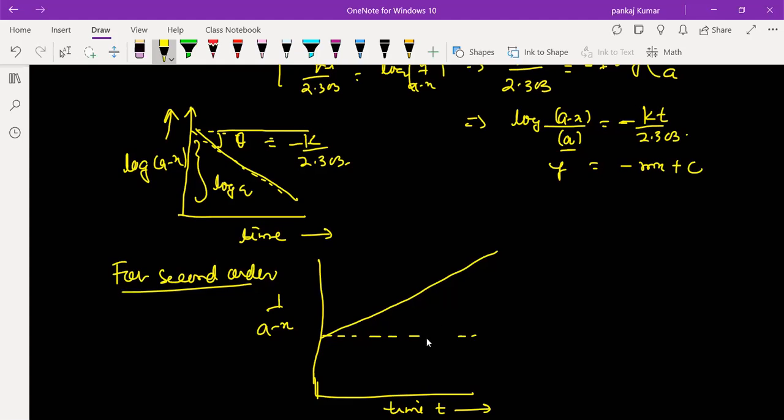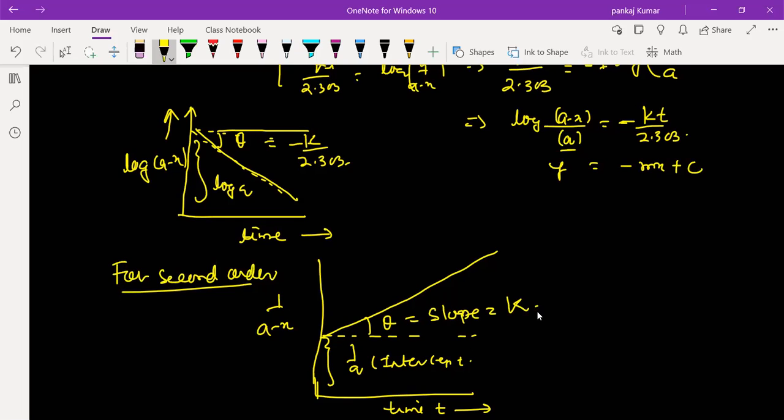And this 1 by a is the intercept. Slope will be k only. That is slope, that is equal to k.